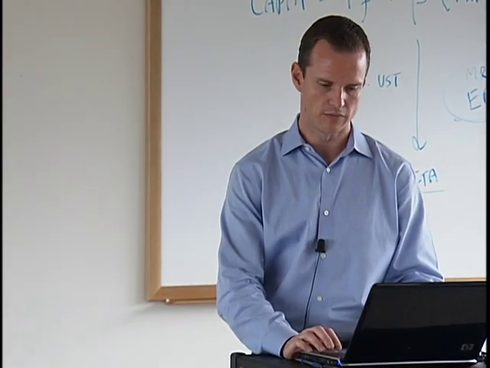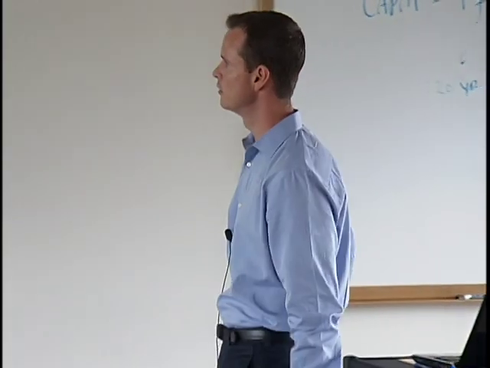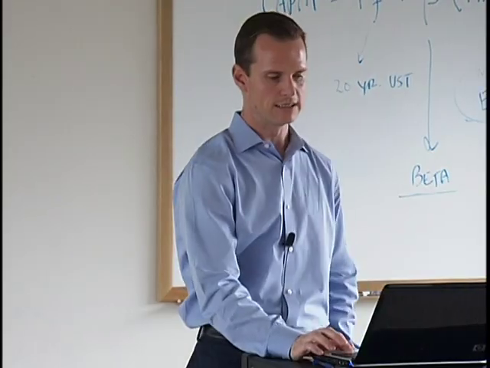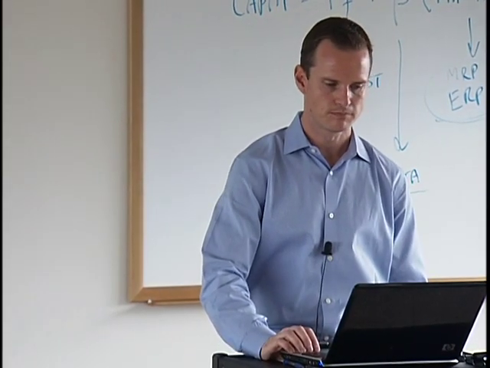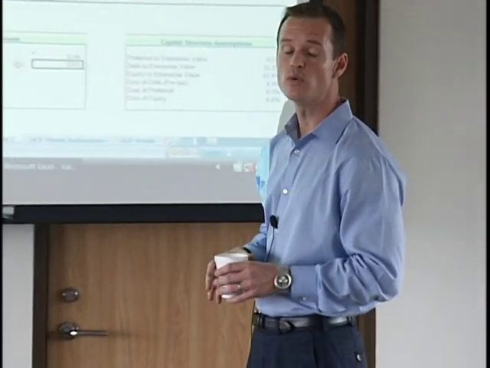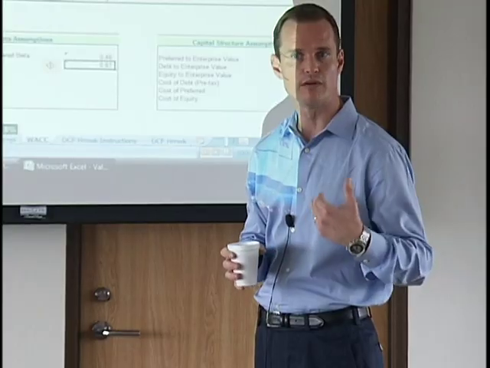All right, so if we look over here, we capture the median debt to enterprise value, equity to enterprise value, and we'll use the median debt to equity ratio, basically to relever our beta. And that's all this formula is here. Same formula as I showed in the slides, formula for levered beta.